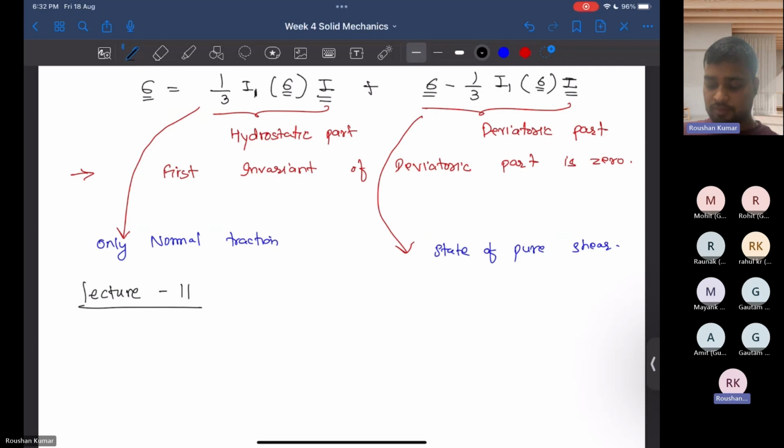So the first concept discussed here is the deformation gradient tensor.